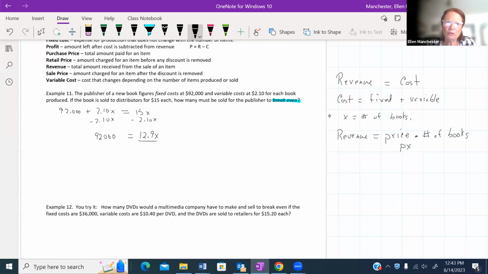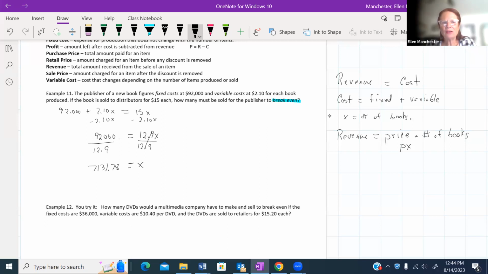So again, you always want to divide by whatever is next to your x. All right, so the goal is to get x by itself. So 92,000 divided by 12.9 is 7131.78. So again, you can't have a partial book.